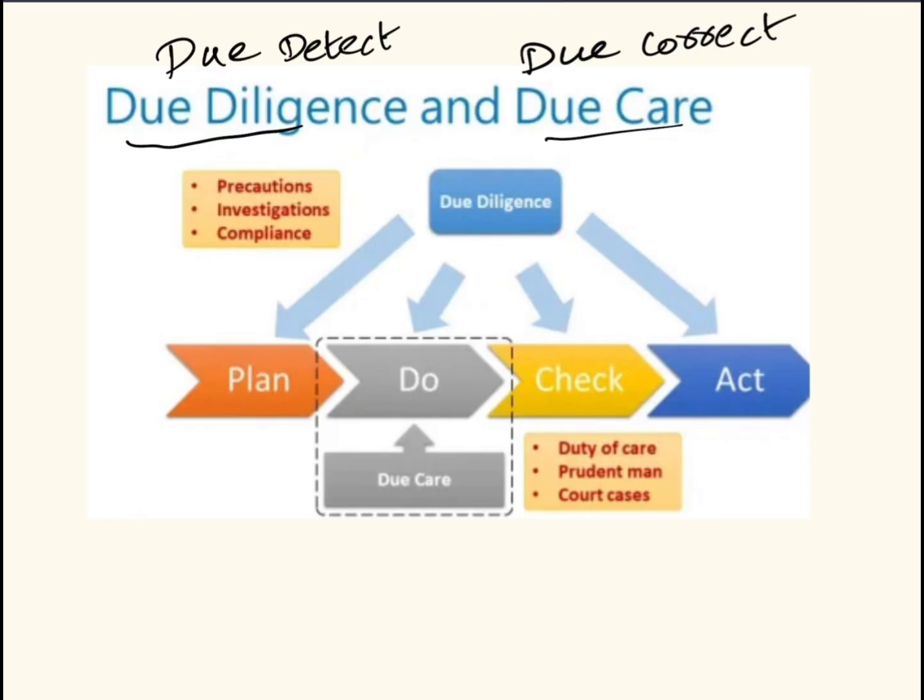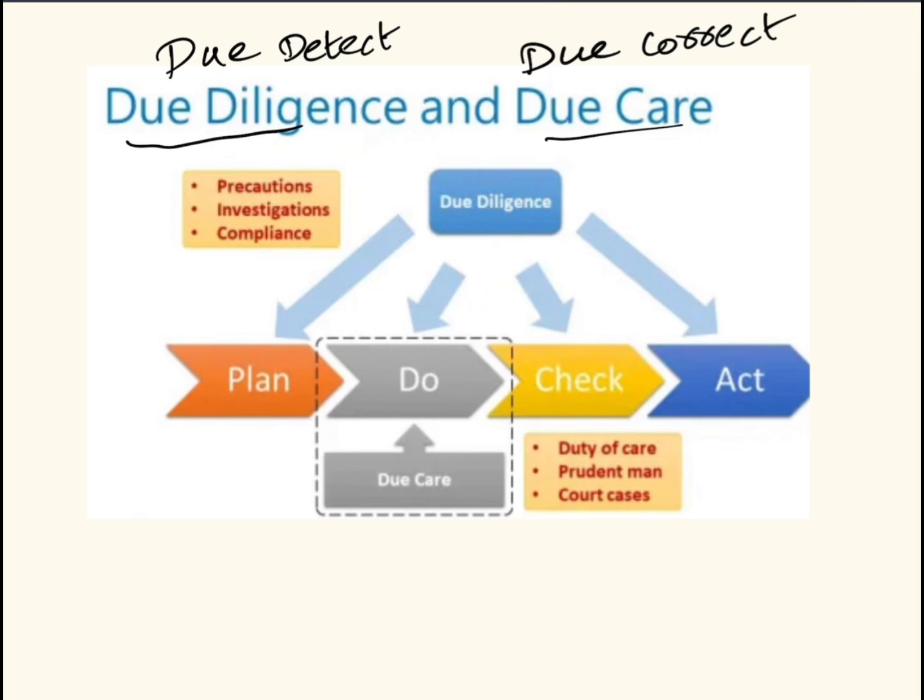Another example would be employee onboarding. Due diligence: HR and security teams design a secure onboarding process, including assigning least privilege access and training on security awareness. Due care: they actually enforce the access controls, provide the training, and monitor employee behavior for security violations.